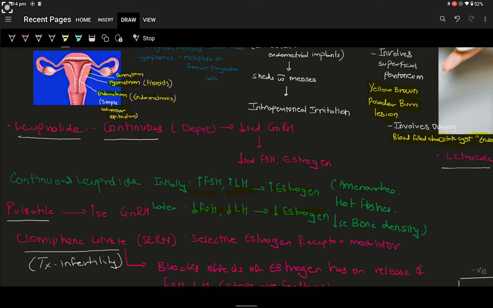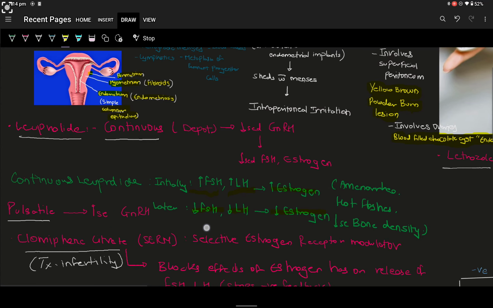Whereas if the same drug is given in a pulsatile fashion, that is keeping an interval in between, that would lead to an increase in GnRH and an eventual increase in FSH and LH and eventual increase in estrogen.